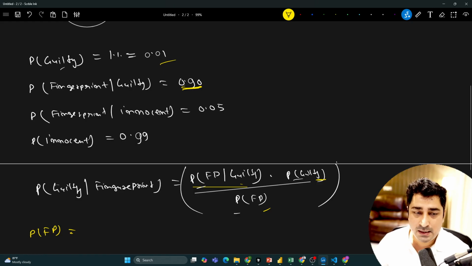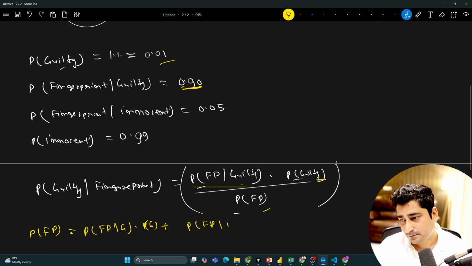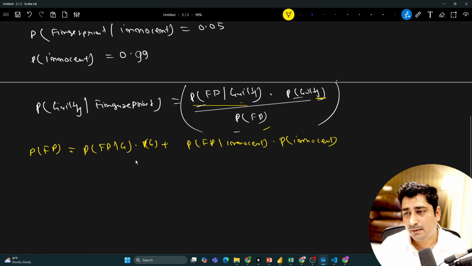That is something I have to calculate. To calculate the probability of the fingerprint, I need the probability of a fingerprint when guilty times probability of guilty, plus probability of fingerprint when innocent times probability of innocent. I have to calculate the combined evidence probability, covering both situations, when the person is guilty and when the person is innocent.